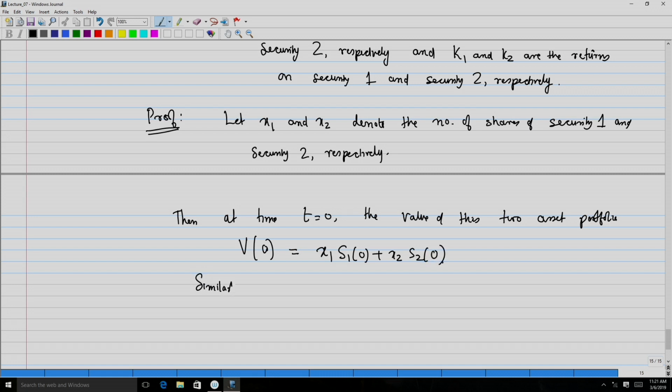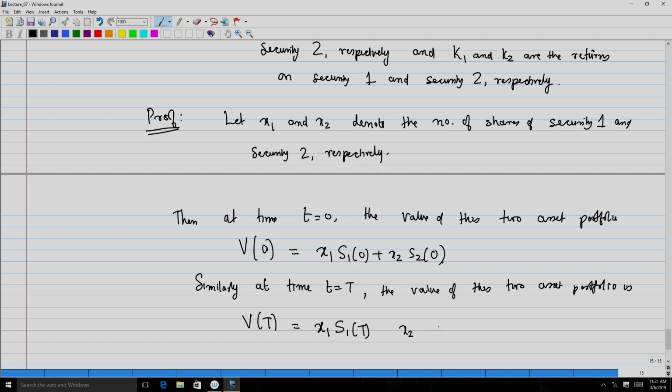Similarly, since this is a single time period model, at time t is equal to capital T, the value of this 2 asset portfolio is V of capital T, and what is this going to be? This is going to be x1 and x2 units of stocks multiplied by the current price of the stock, which is S1 of t and S2 of t respectively.